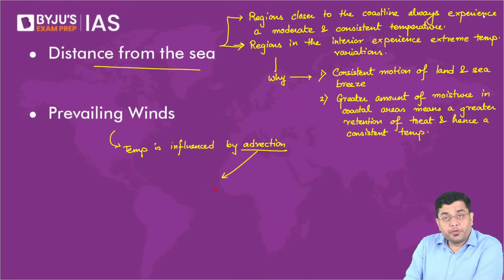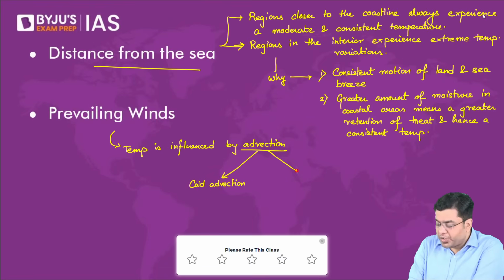Cold advection will reduce the temperature, and warm advection will increase the temperature. This will lower the temperature, whereas this will increase the temperature.